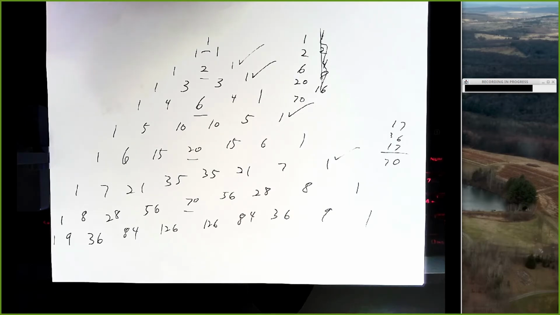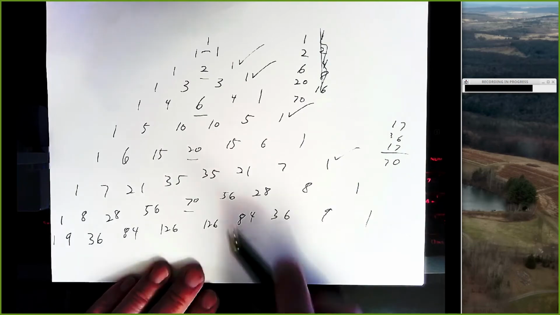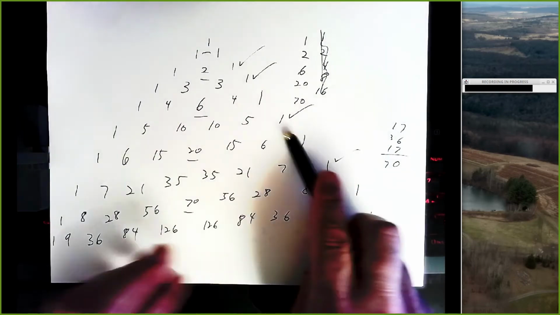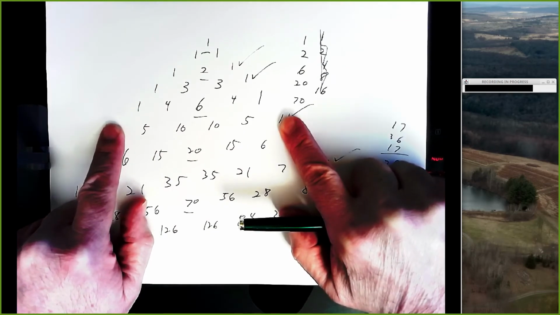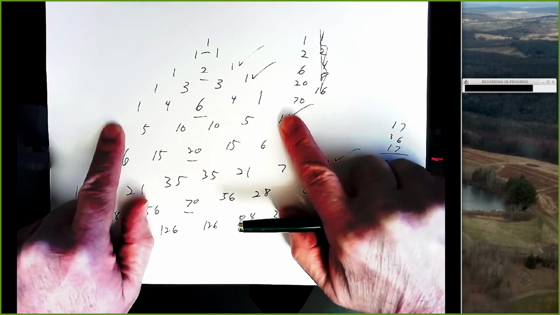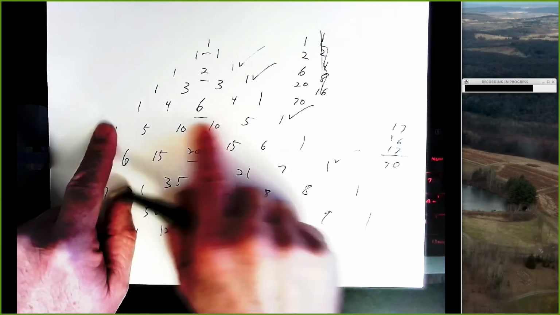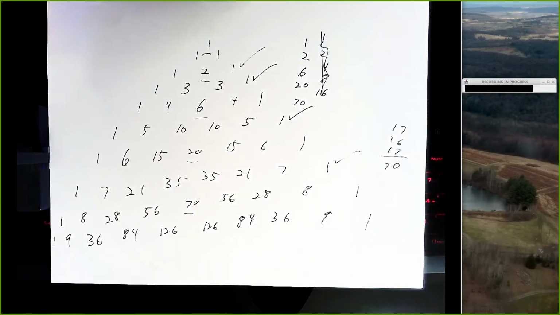And that's a cool little fact buried inside Pascal's triangle. If every number on a row P, other than the ones on the end, is divisible by P, then P is prime. And that's the only case where that fact is true. And if P is not prime, there'll be at least one number in the middle that's not divisible by P. So we got prime numbers buried inside here.